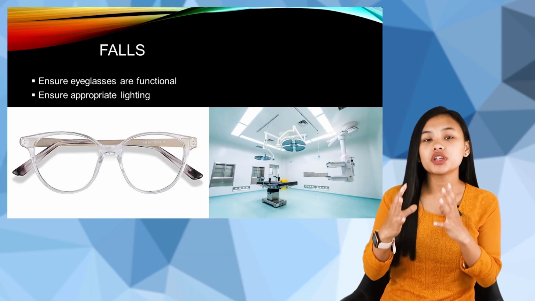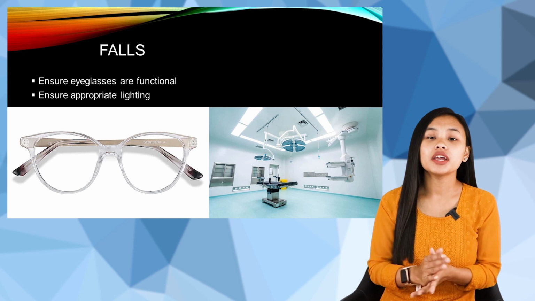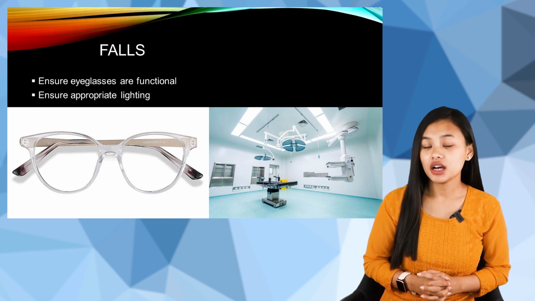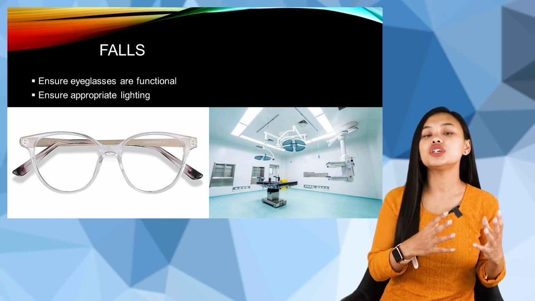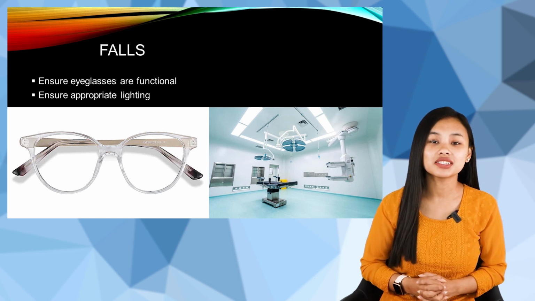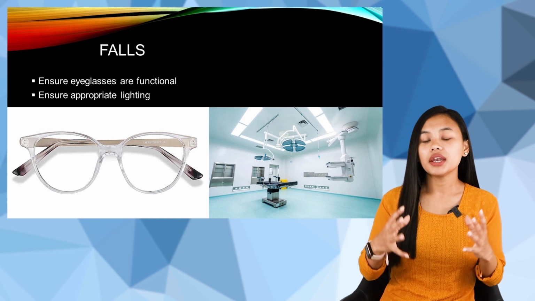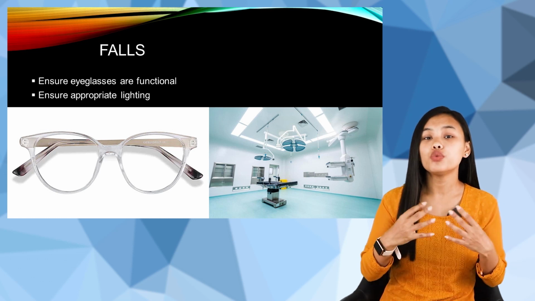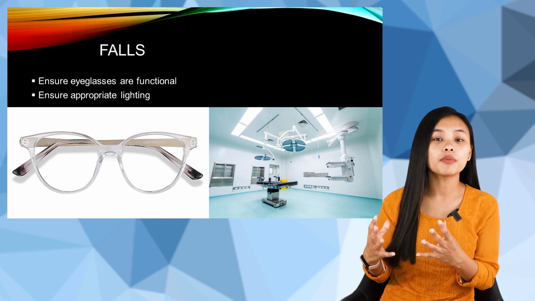Certain safety measures can be followed in order to prevent falling. If we encounter a client who has eye problems and uses eyeglasses, we need to ensure that the eyeglasses are functional. It is also essential to ensure proper lighting.